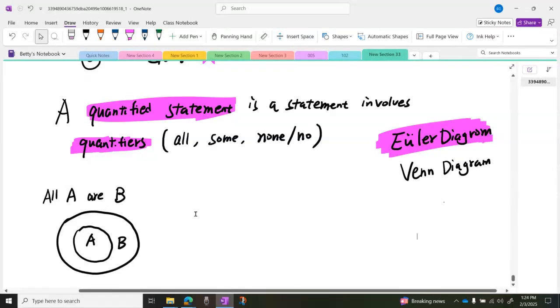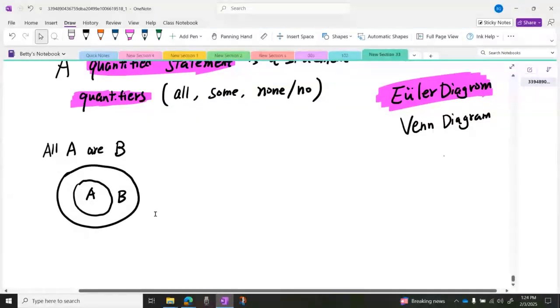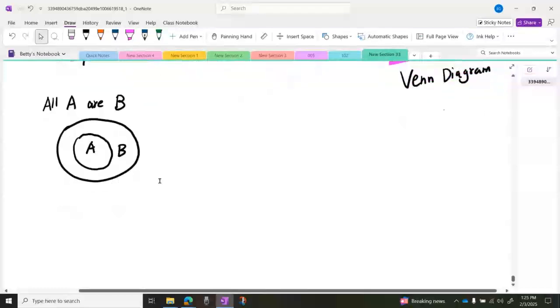Of course, not all trees are apple trees, so that is a false statement. So this is the first type of quantified statement. It involves 2 sets, and it gives a subset relationship. All A are B. The set A is completely inside set B.